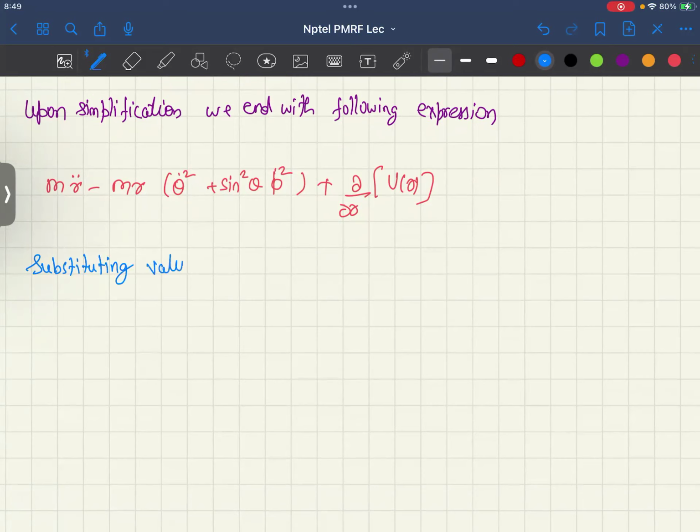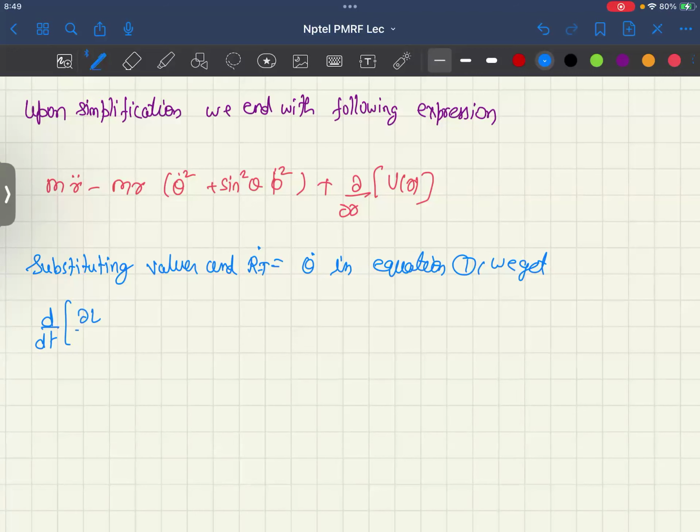Substituting values q_i is nothing but theta in equation 1, we get d by dt of dou L by dou theta dot minus dou L by dou theta equals to 0.